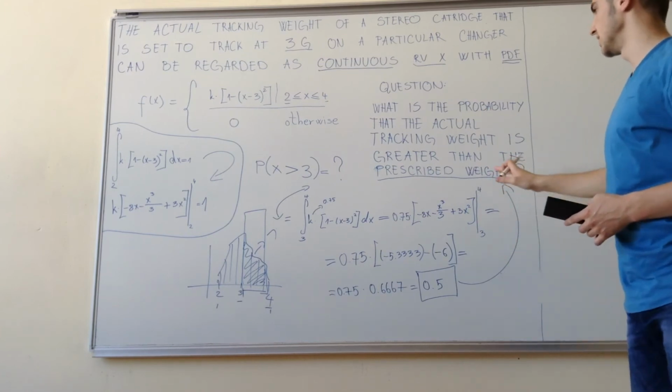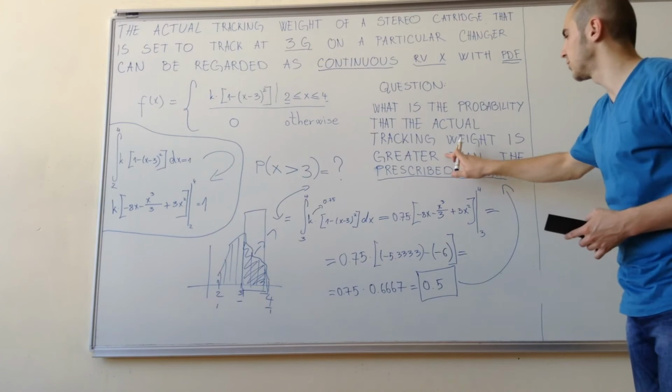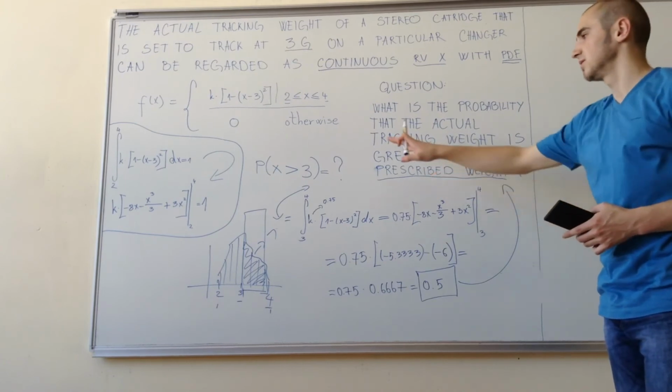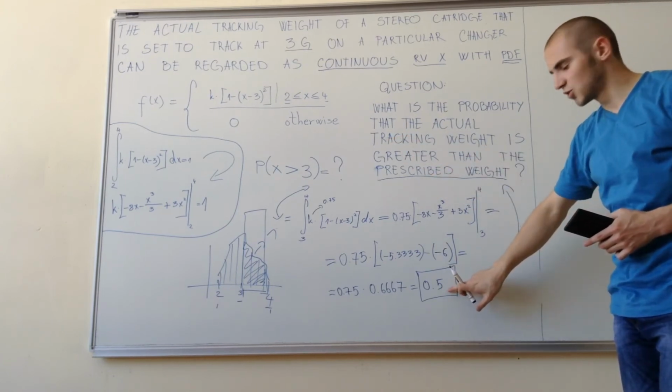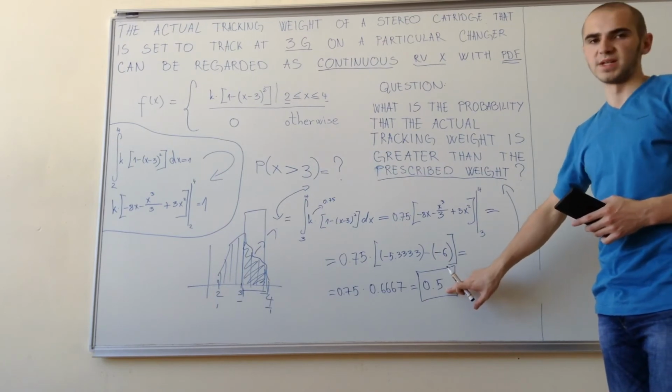So the probability that this actual tracking weight will be greater than the prescribed weight, which is 3 grams, is exactly 0.5 or 50%.